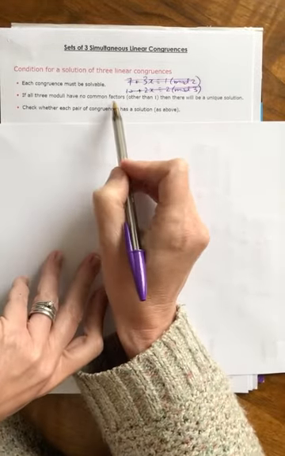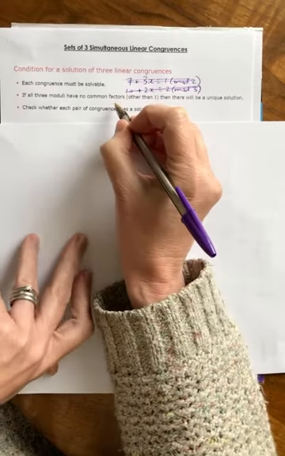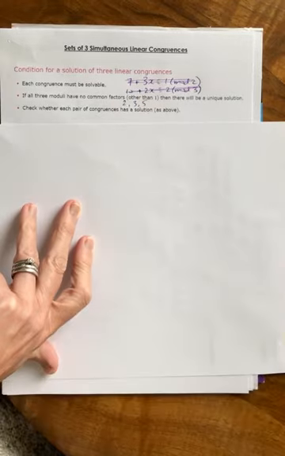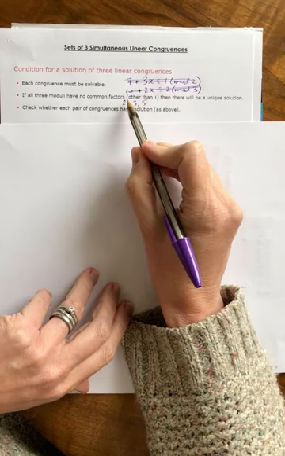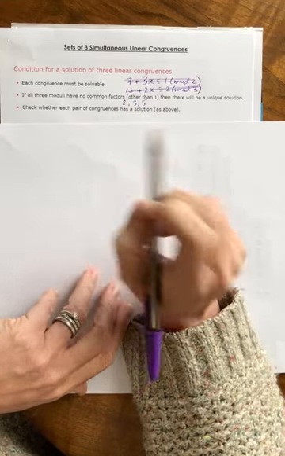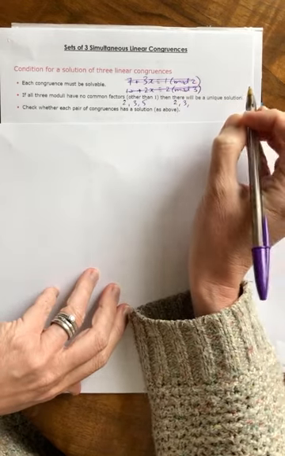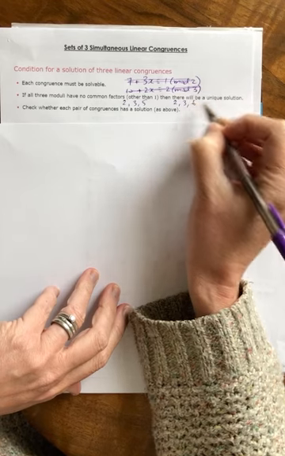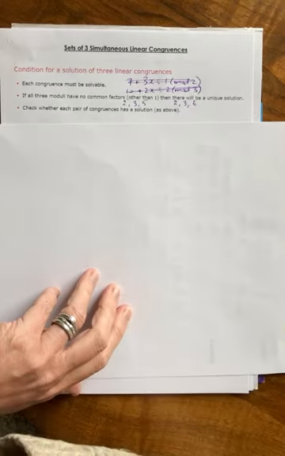If all 3 moduli have no common factors, there'll be a unique solution. So if you've got a modulus of 2, 3 and 5, they are all coprime, so there's going to be a unique solution. However, if you had 2, 3 and 6, obviously you've got a common factor there.